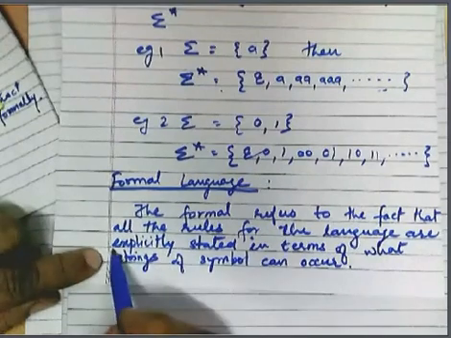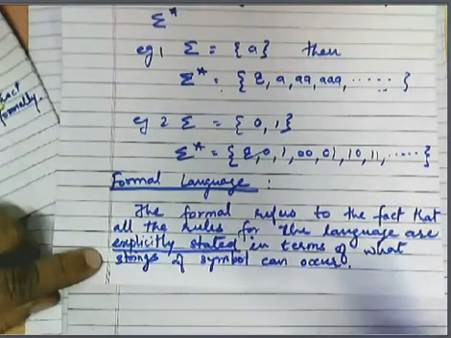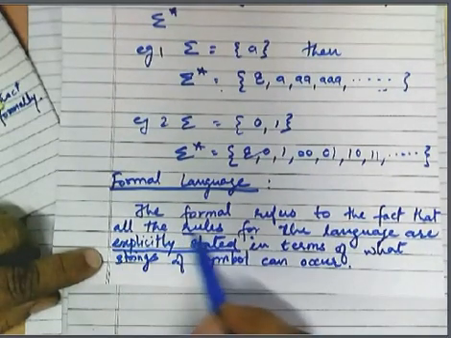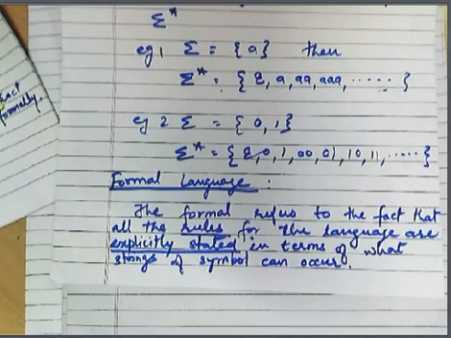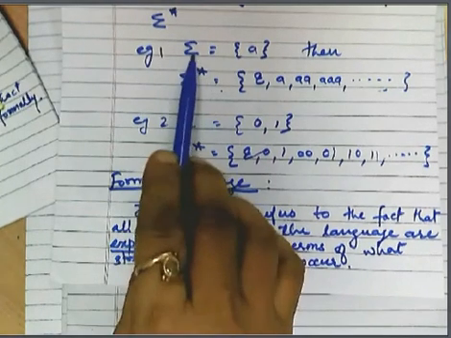When I talk about explicitly defined rules, suppose I want to form a language in which all the strings have even length over an alphabet summation.